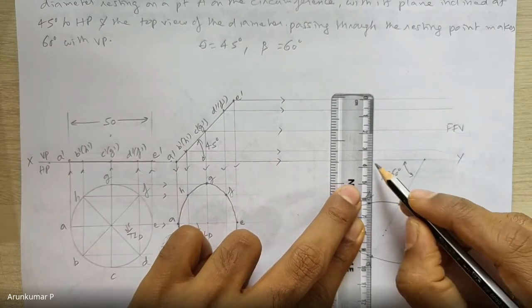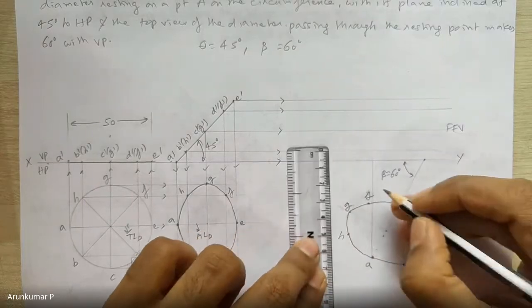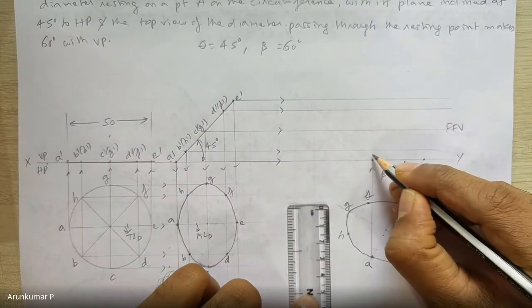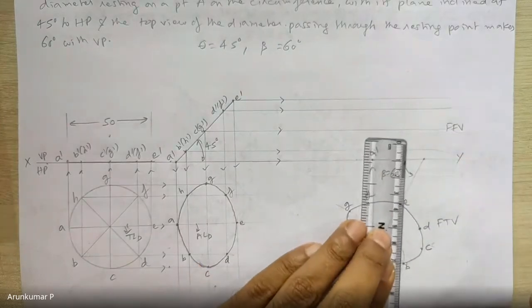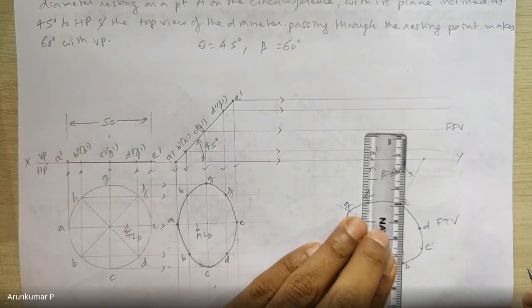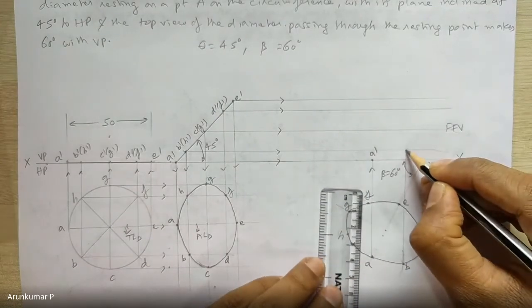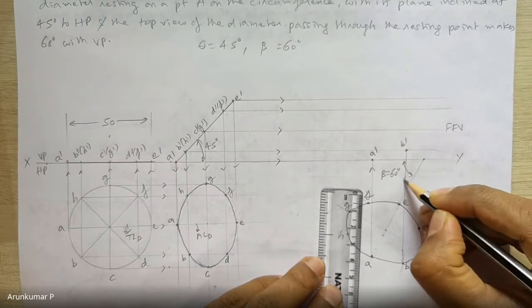Okay, so first I'll start with A. So A projection is still XY line only, I know that. Then B is above XY line, say till here. So this is B dash.